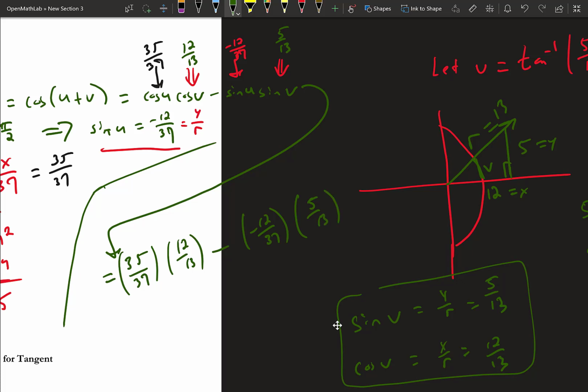So doing some arithmetic here, what you would get is 420 over 481 plus 60 over 481, which would be equal to 480 over 481. Right, so that would be the final answer.